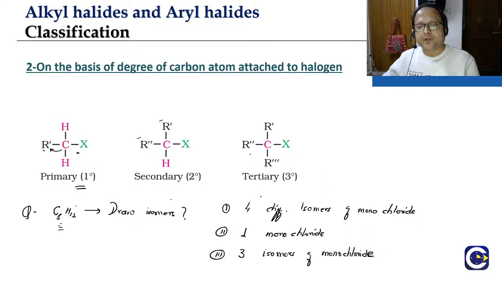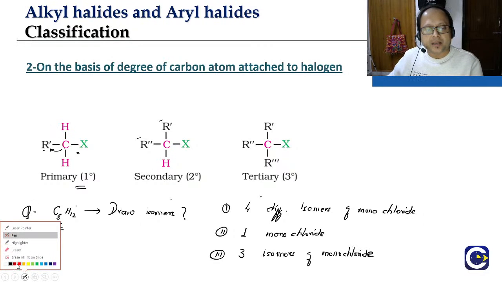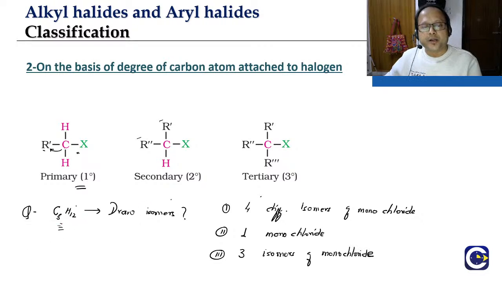So from this simple understanding only we can have such kind of a question. So you have got C5H12. What should be the approach in these types of questions? Basically, draw the isomers of C5H12, and you know that with C5H12, which you must have studied in class 11 in hydrocarbons, you can have 3 different isomers.